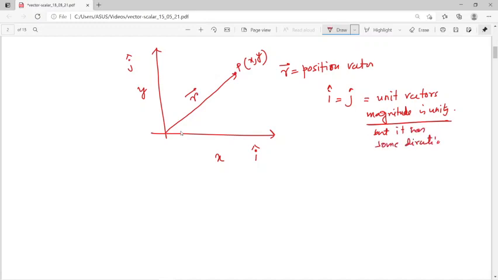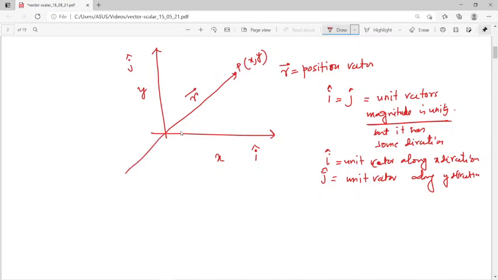That means i cap is nothing but a unit vector along the x direction, and j cap is the unit vector along the y direction. And if there is another axis, say the z axis, then there is also a fixed unit vector, that is k cap, the unit vector along the z direction.